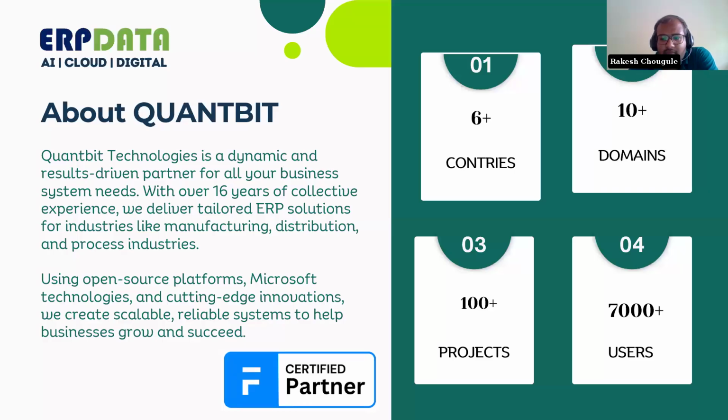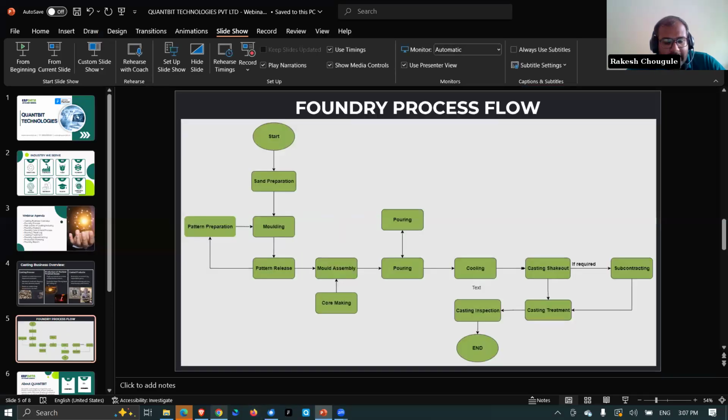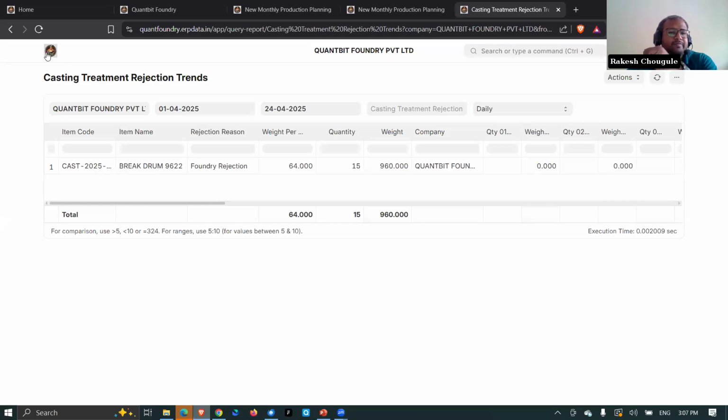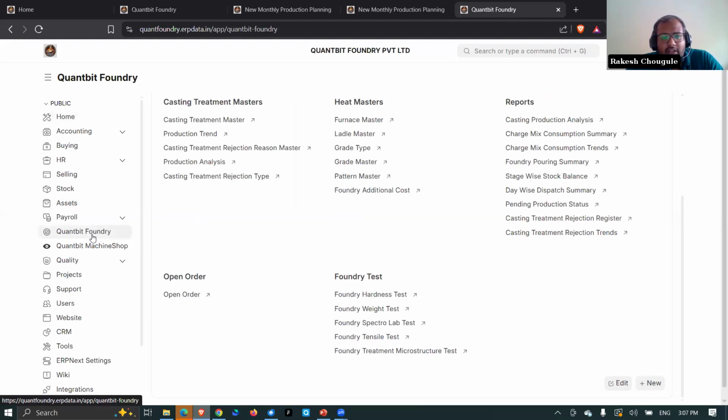I will now demonstrate directly in the system. In ERPNext, we have core modules like buying, selling, stock and inventory, and we have built the Quantbit Foundry module on top of ERPNext. The Quantbit Foundry module is specifically designed for the foundry industry for its various problems. First of all, we discuss the problems the industry is currently facing.